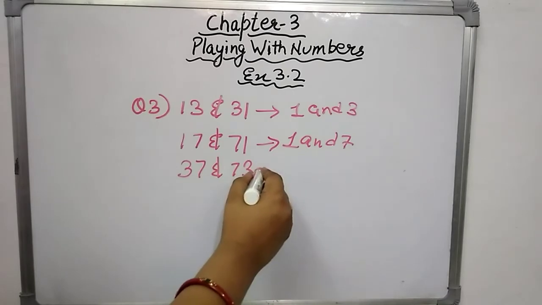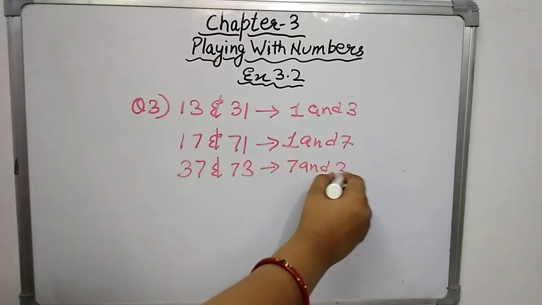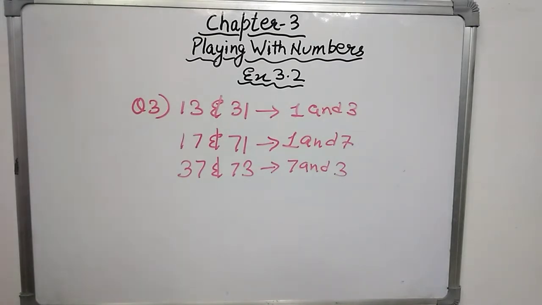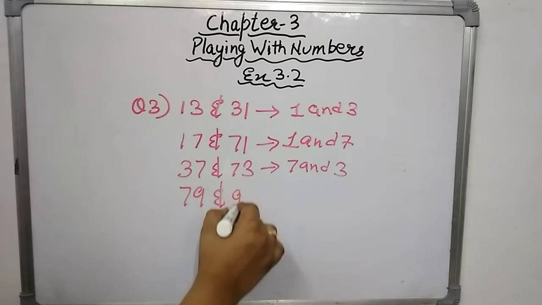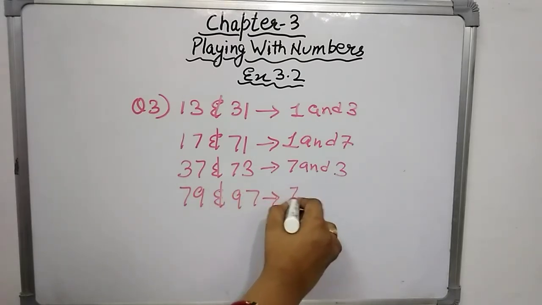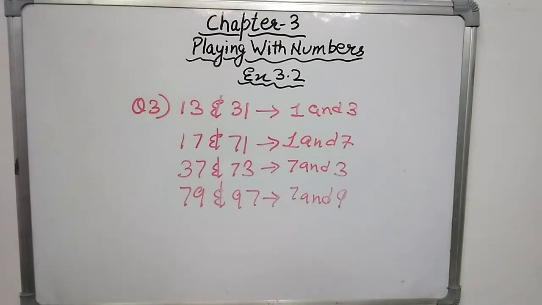It will be paired with 73. It has digits 7 and 3. Next pair will be 79 and 97. Digits are 7 and 9. These are the only pairs of prime numbers with the same digits up to 100.